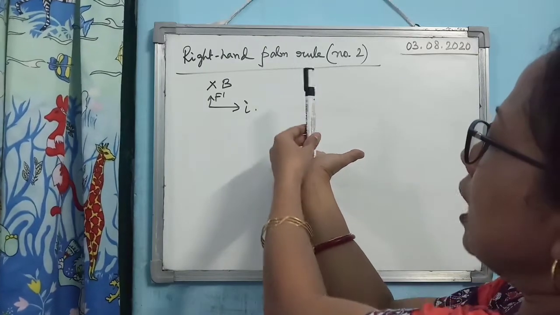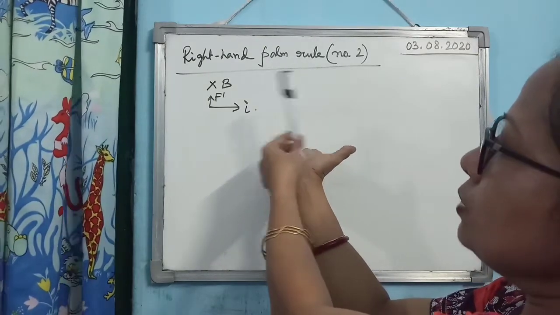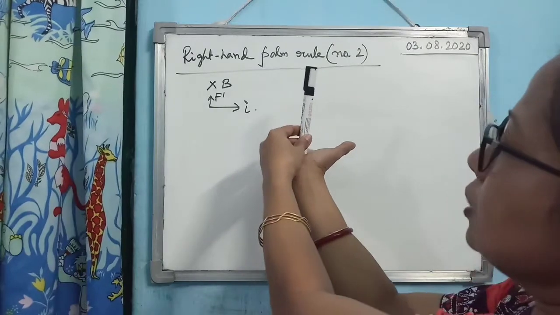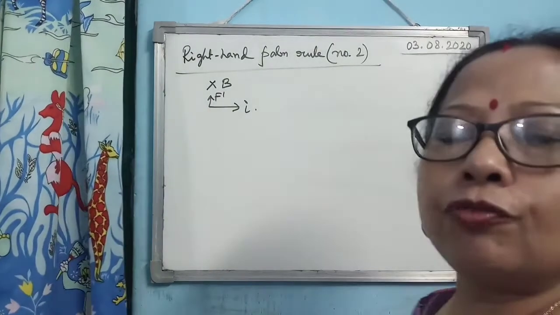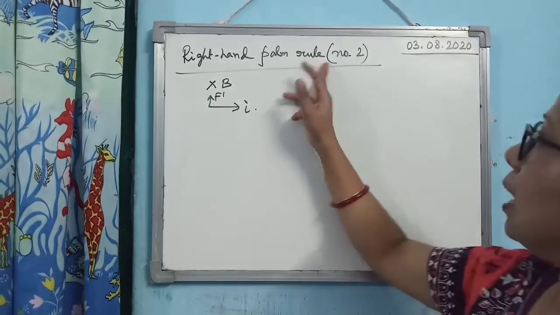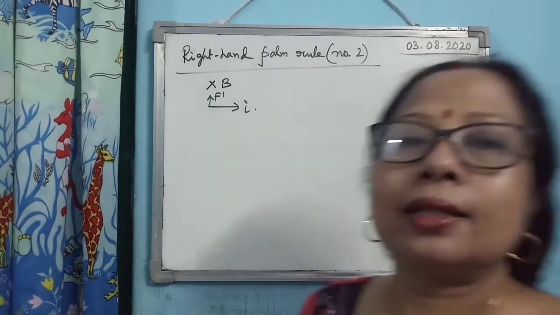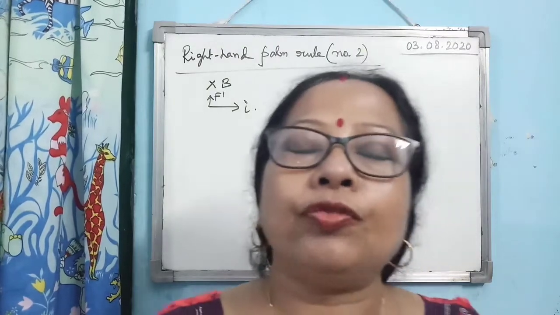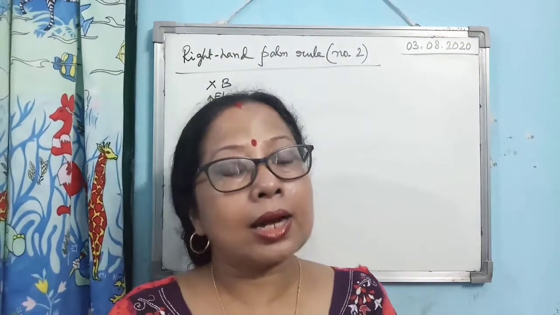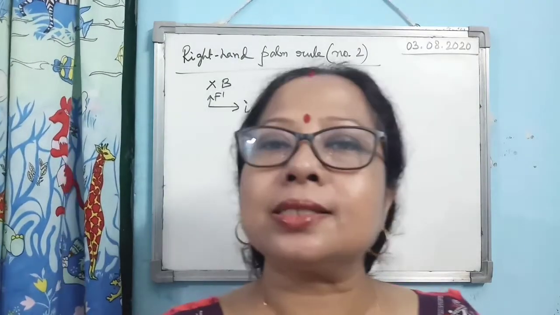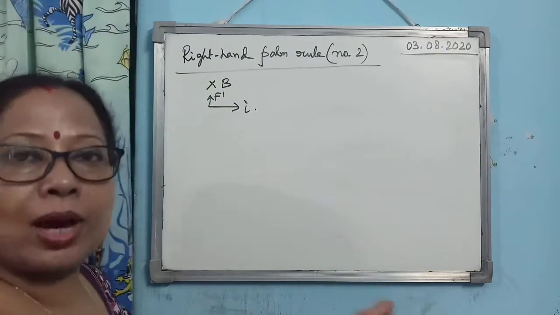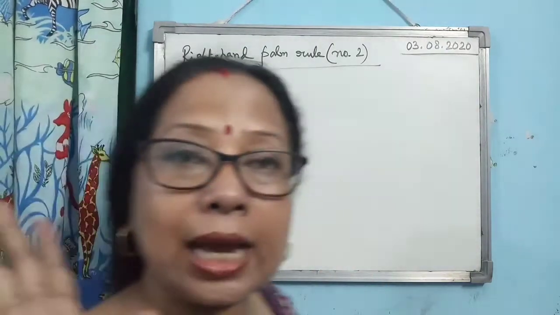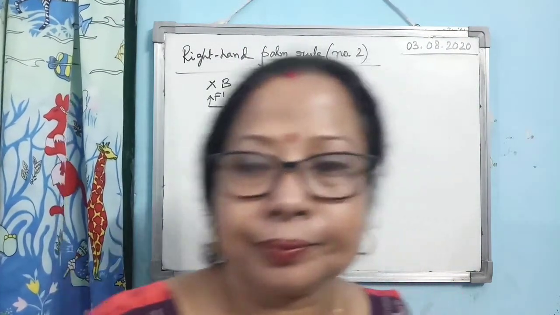Then if I draw a perpendicular to my palm, you see F dash, perpendicular to my palm, that will give you the direction of the force. So right hand palm rule number 2 is the convenient rule to find the direction of the force experienced by a current carrying conductor placed in a magnetic field, and you should practice this by using your own right hand palm. Alright.